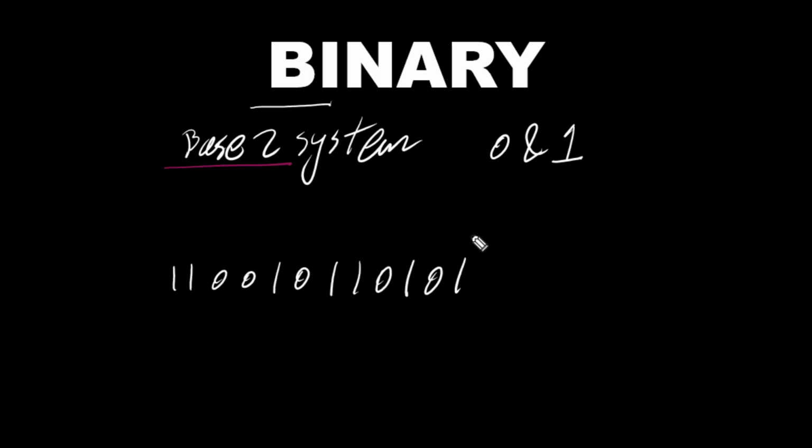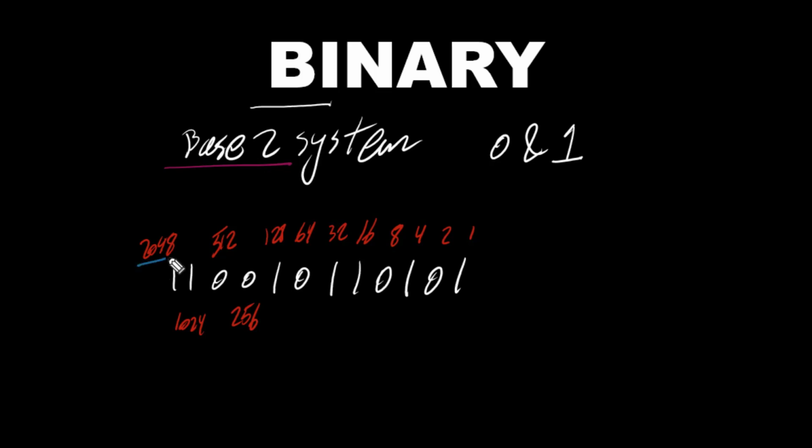So here we can put the decimal values 1, 2, 4, 8, 16, 32, 64, 128, 256, 512, 1024, 2048. And again, as we can see, it doubles, multiplies by 2, because the binary number is a base 2 system. What do we have to do next?